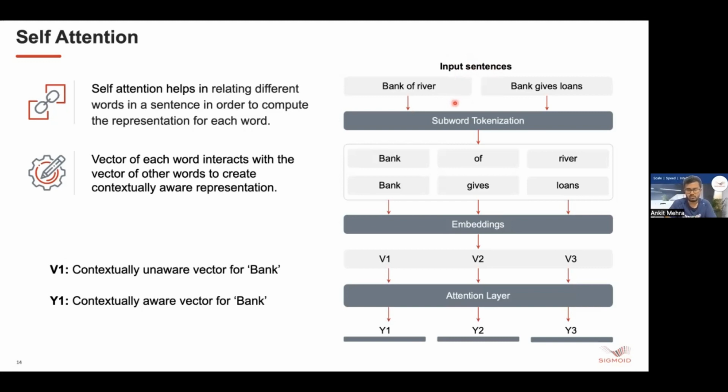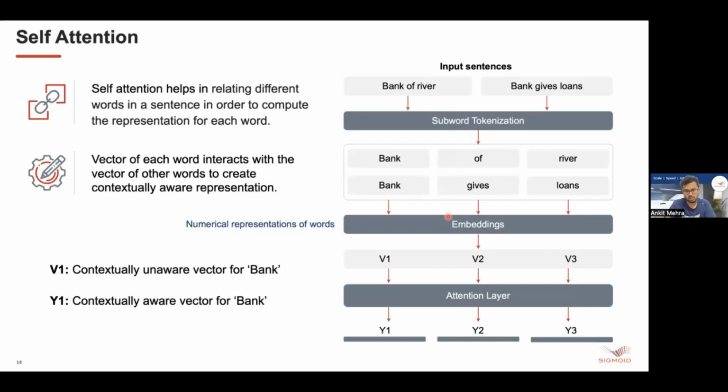In the first step, we do subword tokenization. We have covered this technique in our previous video, so please refer to those videos for better understanding. After passing the sentences through this layer, we get individual words, that is bank, of, and river for the first sentence. After this step, we pass it through the embedding layer, where embeddings are generated.